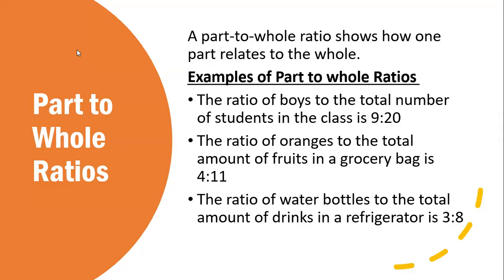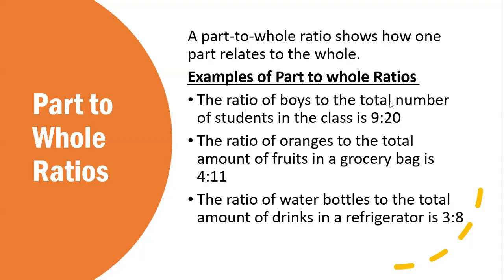Yes, sir. Good. Okay, so if I say that the ratio of boys to the total number of students in class is 9 to 20, what that means is I'm comparing the subset of boys to the entire class, all right? Now, this is a good question.